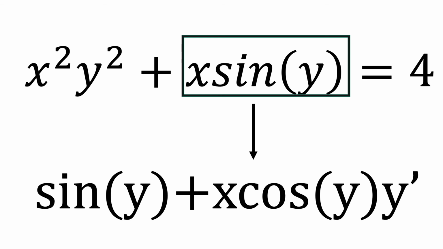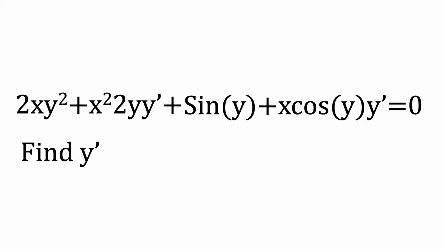So the derivative must be sine of y plus x cosine of y times y prime, because the derivative of sine of x is cosine of x. Now we can add them using the sum rule, and it equals 0 because the derivative of 4 is 0.